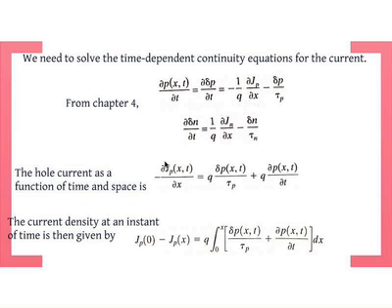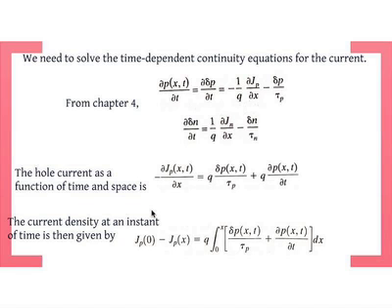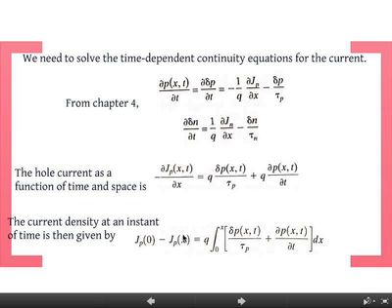So to calculate the current density at any point, we have to integrate this equation, at any instant of time. If you integrate this equation from x equals 0 to some arbitrary value of x, you get jp of 0 minus jp of x, and this is the integral of this term right here, 0 to x of this term.